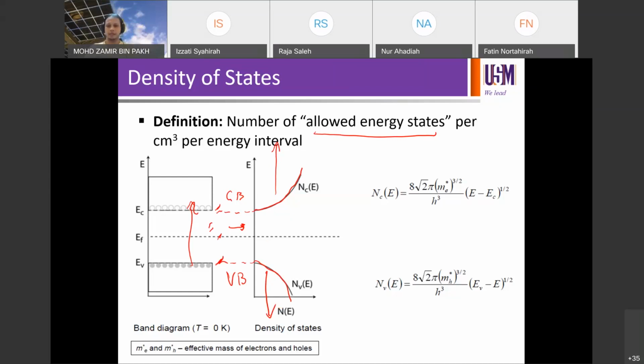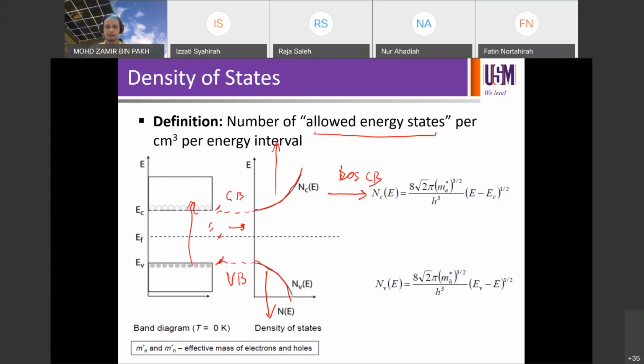And this can be calculated by using this equation. If you want to know your density of states, or DOS, in the conduction band, that's given by NC, and all these parameters. We're going to see the simplification later on. That is the equation you need to use to calculate the density of states in the conduction band.